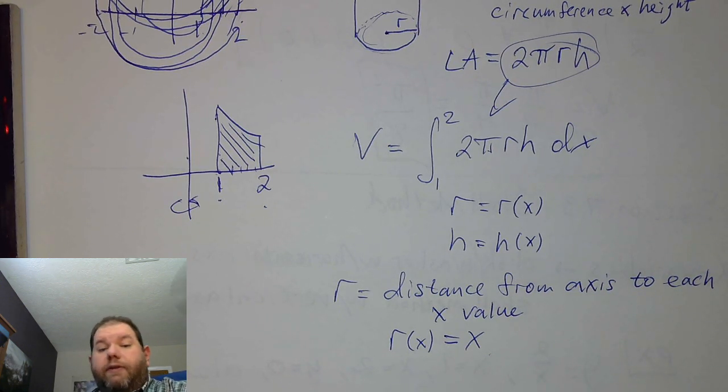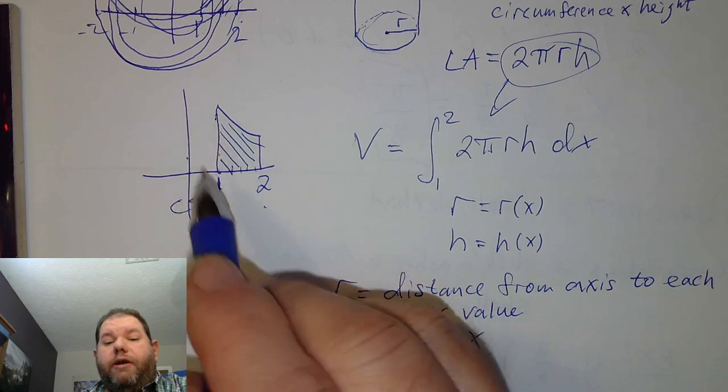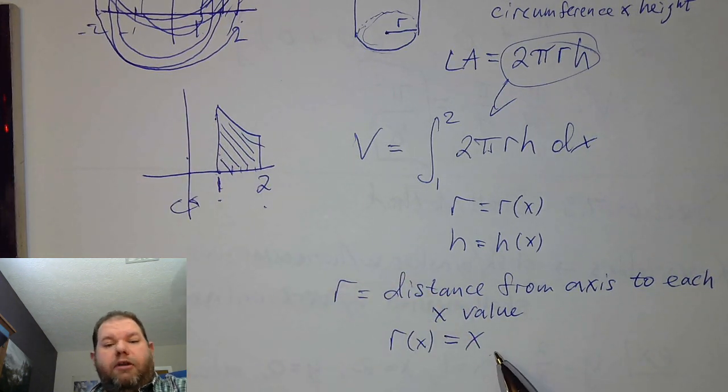Now the radius function in shell method problems is always just going to be x, and then sometimes plus or minus a number if our axis of revolution is shifted left or right of the original vertical axis, the y-axis. Because we're right on the y-axis, we don't have to modify this by anything.